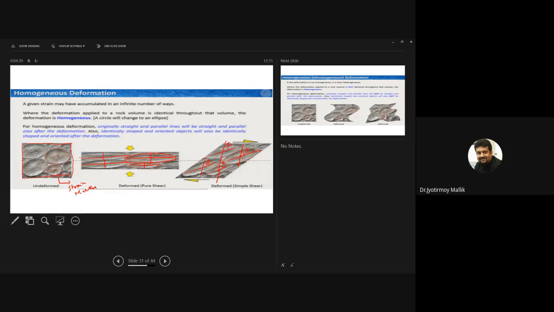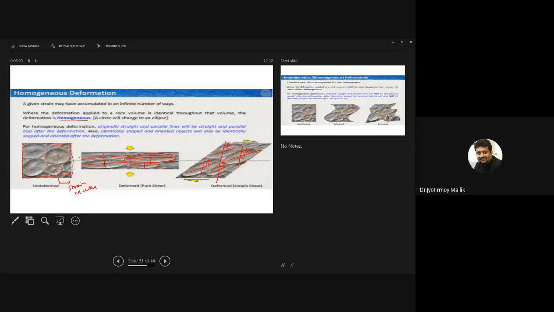So here the aspect ratio would be the same, and here the angle would be the same. That means this precursor rock has been deformed either by pure shear or by simple shear, but the same sort of deformation is consistent throughout the rock body. And this sort of deformation is called homogeneous deformation.